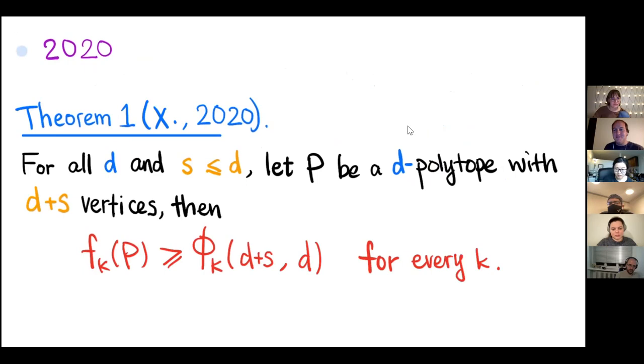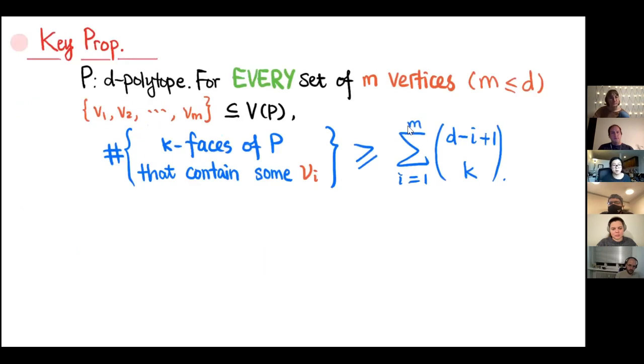Okay, so we're moving to the proof of this theorem. There's a very important proposition that I use in the proof, and I call it the key proposition. Now, let P be just a d-dimensional polytope, and we don't care about that restriction on vertex number.